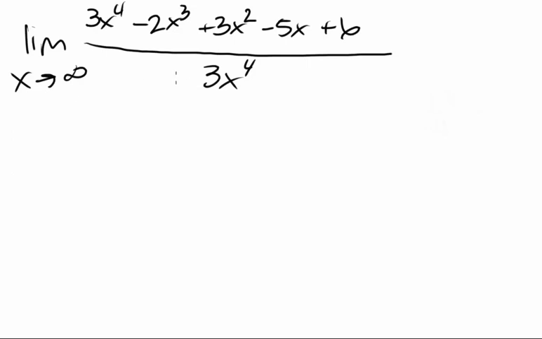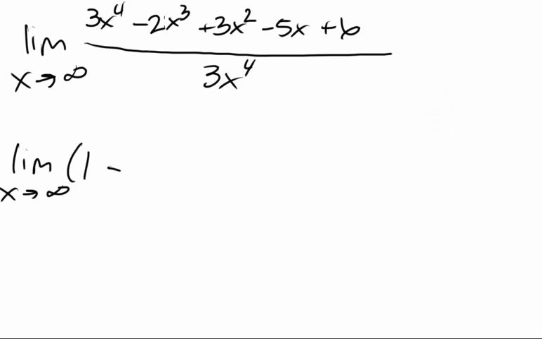So what I think we should do here is the same thing we did to solve the last problem. We can have that over that, minus that over that, plus that over that, minus that over that, plus that over that. So let's split this up. So we have the limit as x approaches infinity. So we have 3x to the 4th over 3x to the 4th. They're exactly the same, so that's going to be equal to 1.